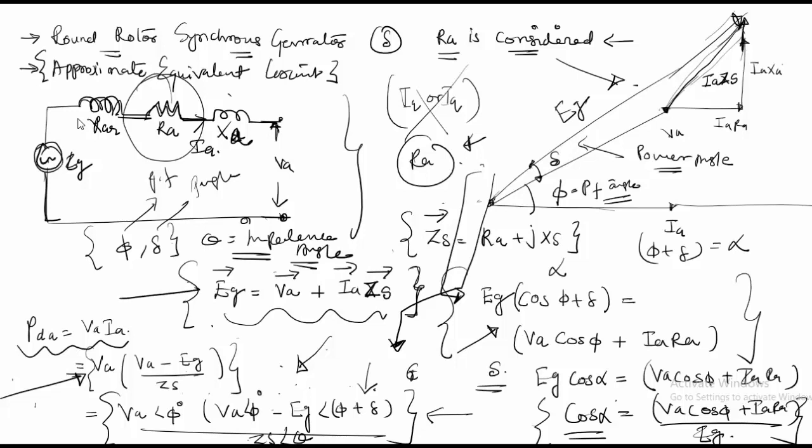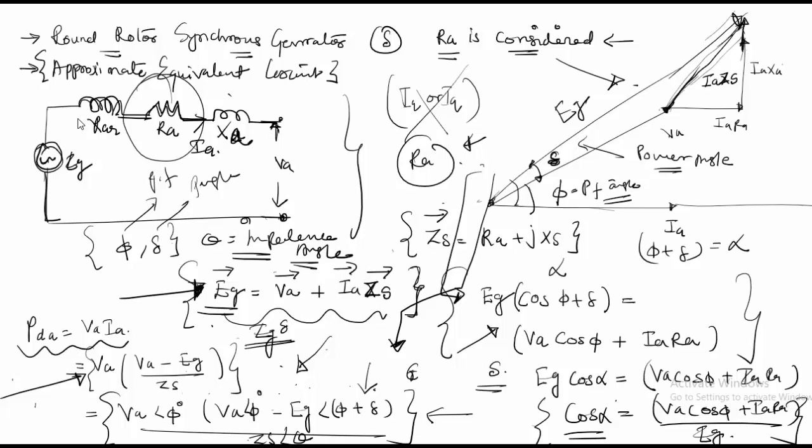Also you can directly solve it from this phasor diagram, which should give your delta. So the EG will be making an angle of delta.